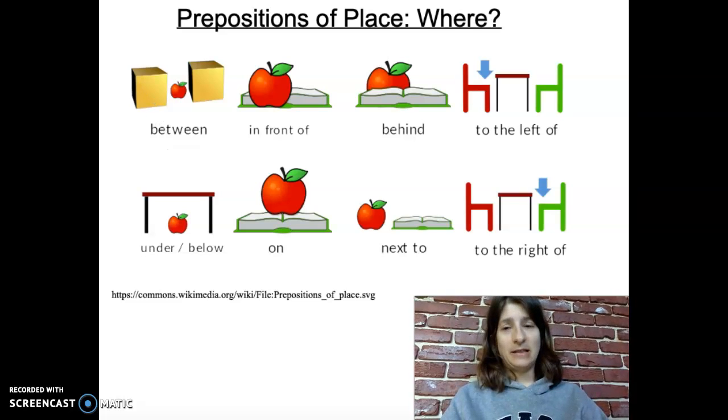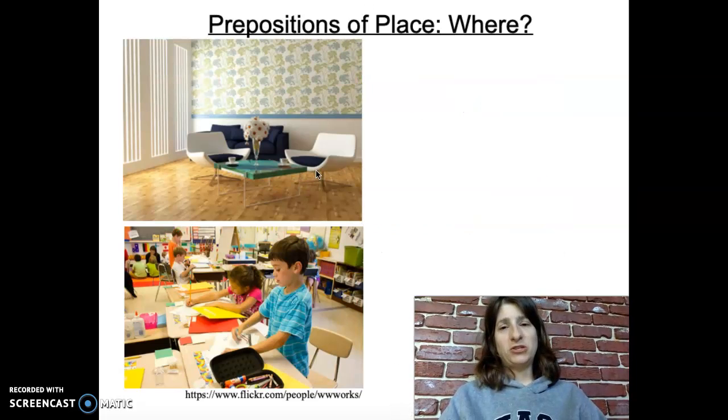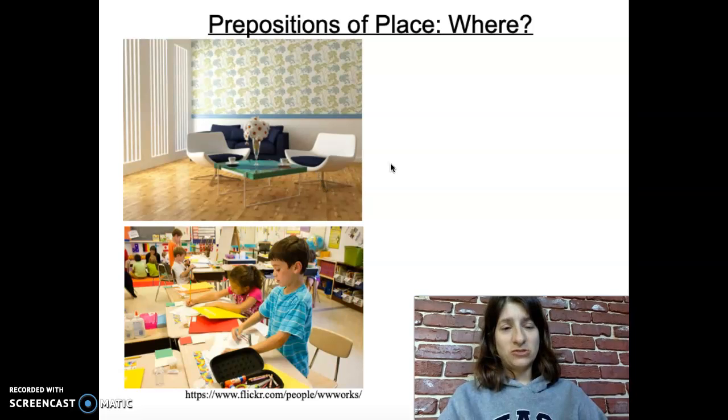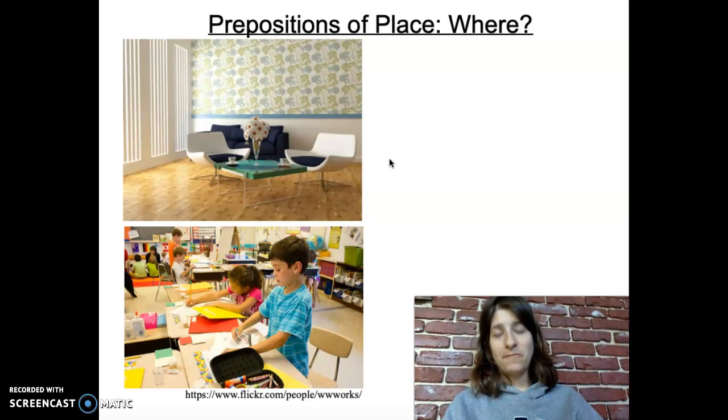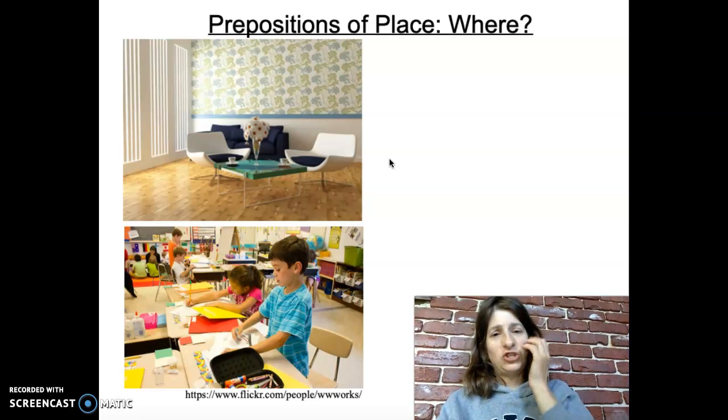Let's practice a little bit. If I'm taking a look at this top picture here, this picture of a home or office area, I would be able to describe where certain things are. Let's give it a try. Tell me about where the chair is.